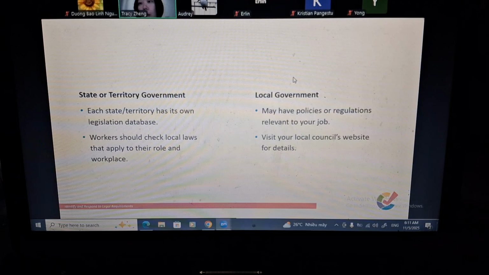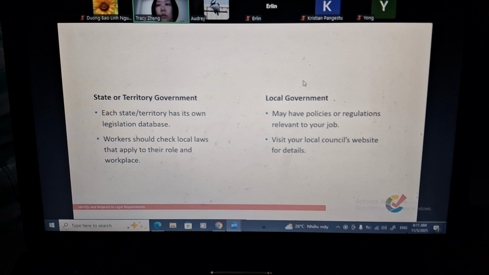And everyone, I know some of you work or live in different states, so before you start working in your own state, you need to check your local state's legislation, because some of the requirements will be slightly different by state.